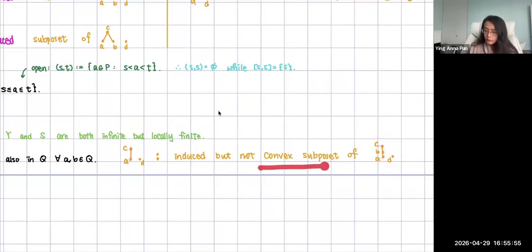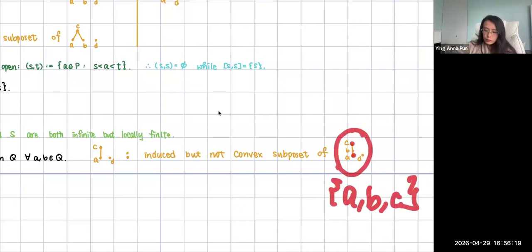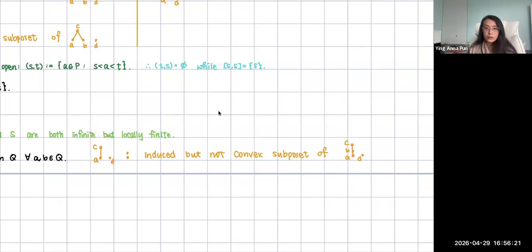But it is not convex, because convex means that the intervals AC, AD, and CD have to be the same as in this guy. AD and CD are not comparable, so the intervals are both empty sets, but the AC interval in P actually contains A, B, and C, while the interval AC here does not contain the B, so therefore this is not a convex subposet of this guy.